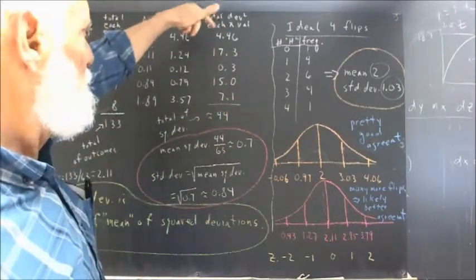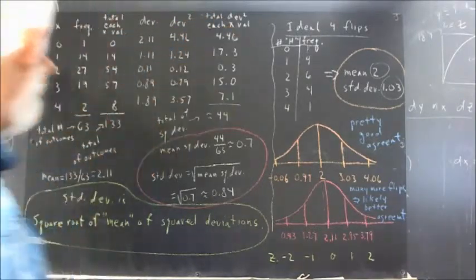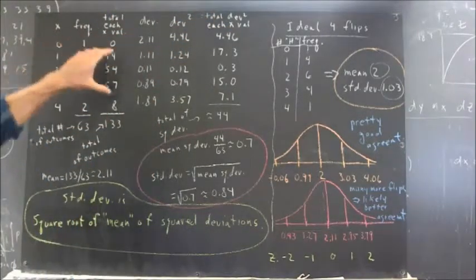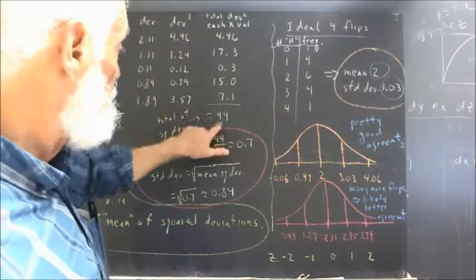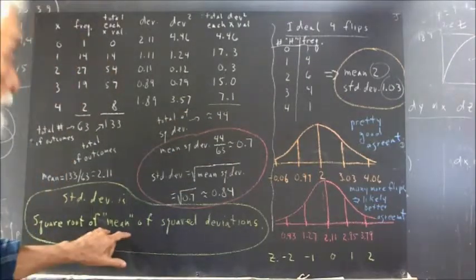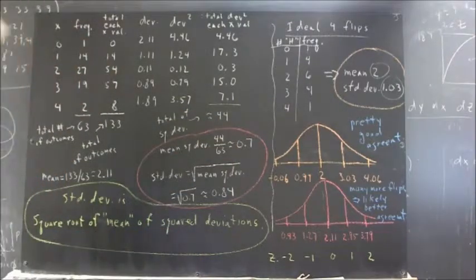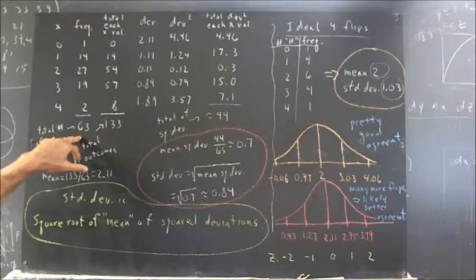So these are the total squared deviations corresponding to each value of x, according to the number of times that value is observed. We add these numbers up, we get 44. That's the total of our squared deviations. Now we want the mean of our squared deviations. We don't need to worry about the quotes around the mean. Since we have over 30, we divide by the full number of outcomes.